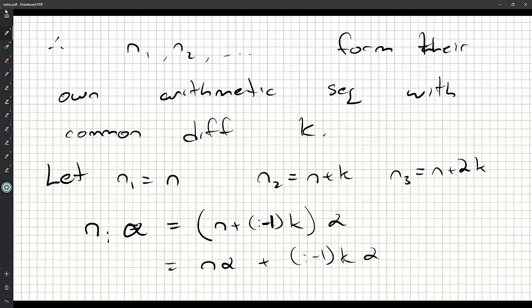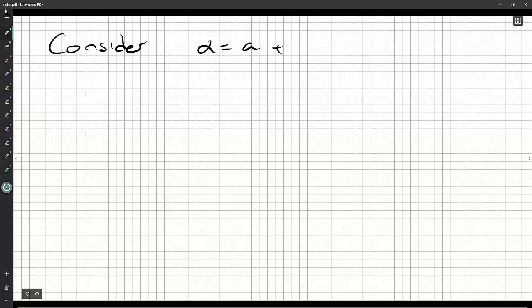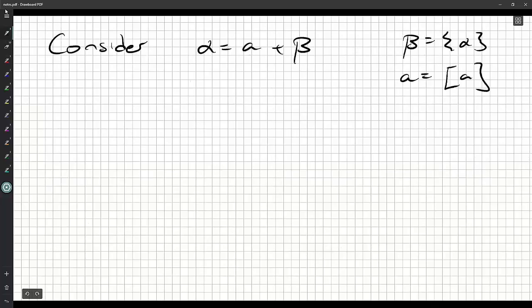So what can we do? Well, consider once again alpha being broken down into an integer part, and beta here is the fractional part. I just remind whoever's marking of the way we broke this down earlier in part A. So what do we want to say?